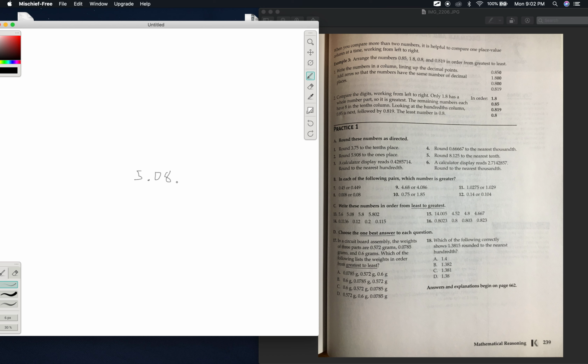Let's put a comma to separate these. Second one is 5.6. Comma. Third one is 5.8.